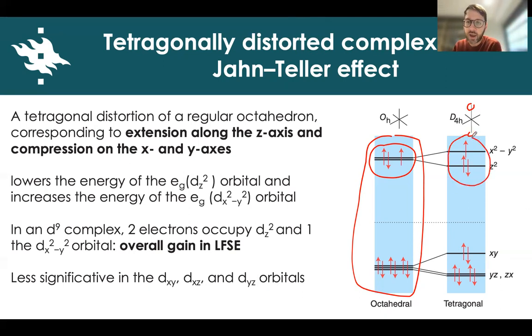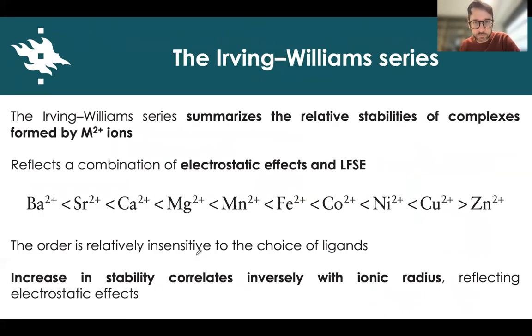So we have 1 electron more occupying an energy level having a lower energy. This will lead to an overall gain in the ligand field stabilization energy, which therefore will drive this distortion, because distortion will enable the complex to have lower energy. Okay, so these are the ligand field splittings for octahedral, tetrahedral, square planar, and tetragonal distortion of the octahedral geometry due to the Jahn-Teller effect.